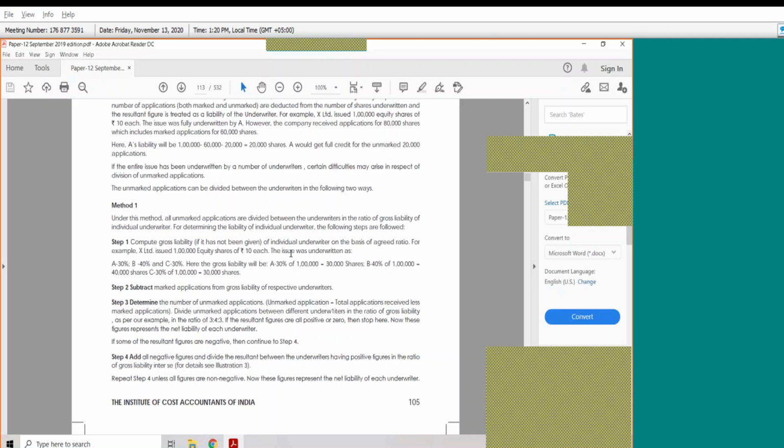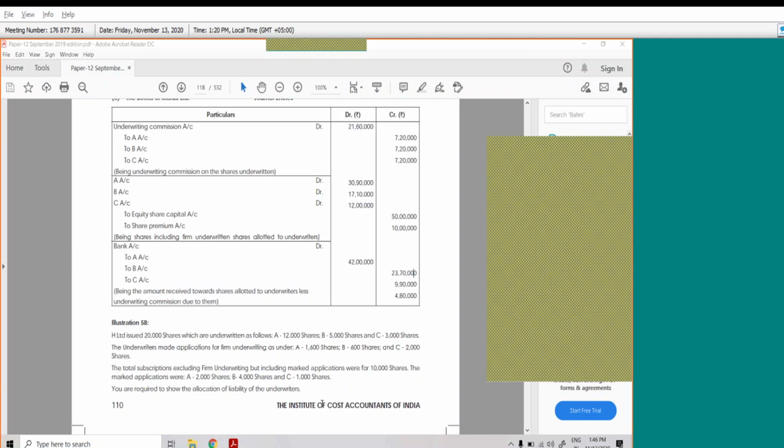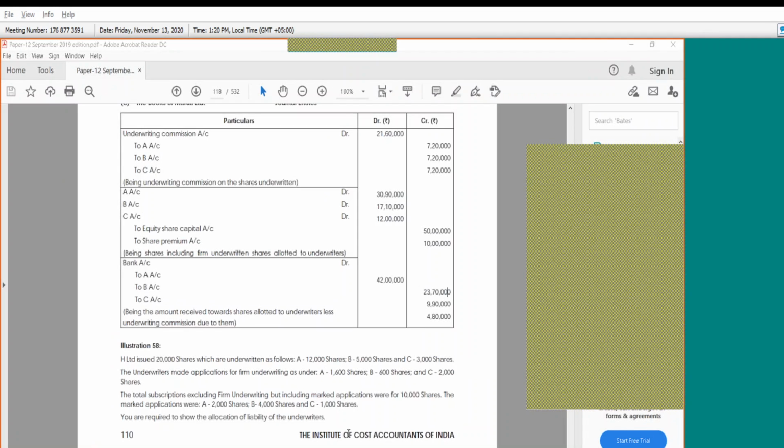I hope all of you have some idea about underwriting of shares and debentures, and you know the workings already that we discussed in the previous class. So this is the continuation of the previous class. I'm not explaining the basics again. So we will directly go to the problem.